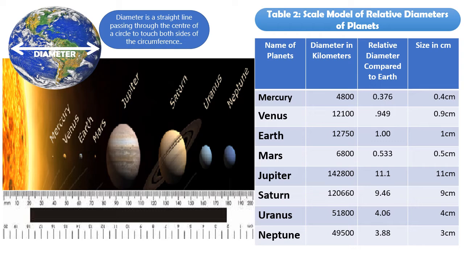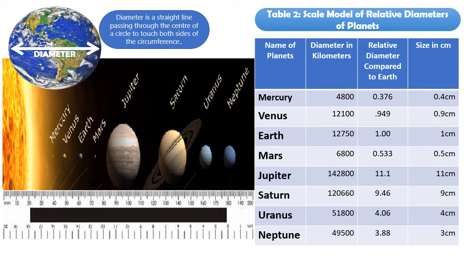The same as Venus. Venus diameter is 12,100 kilometers divided again to Earth diameter, and the quotient is 0.949 rounded up to 0.9 centimeter. Earth, 12,750, and the relative diameter is 1, and then converted to centimeter is 1 centimeter.